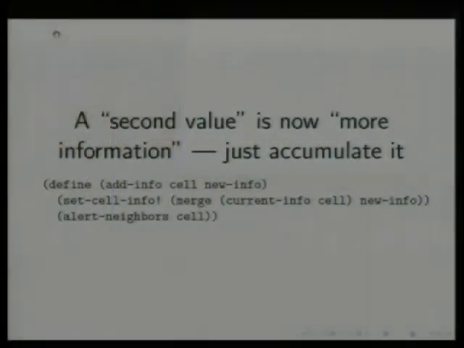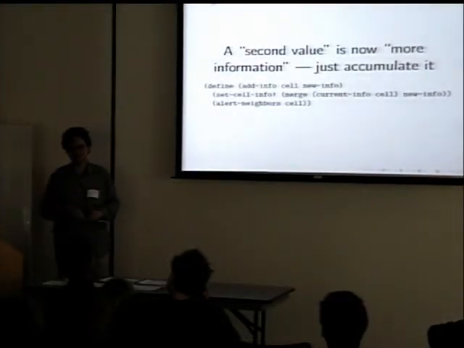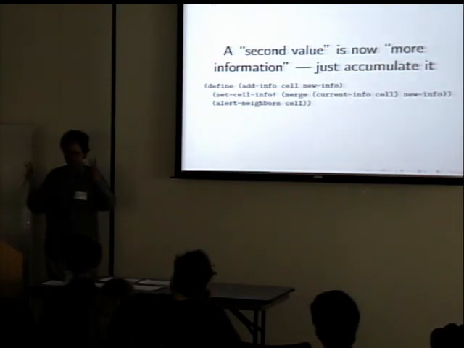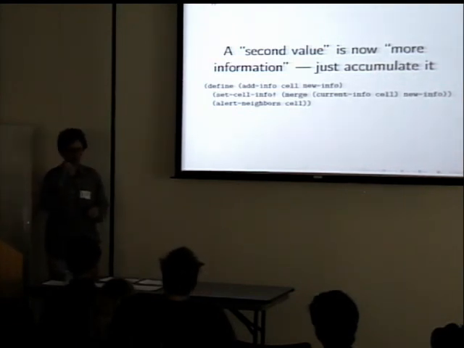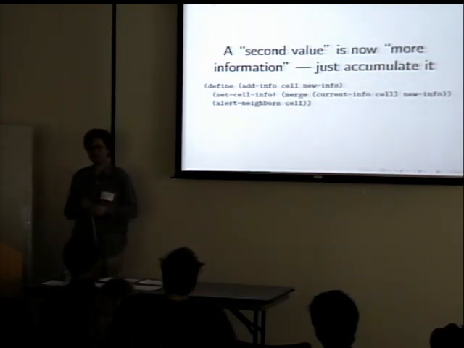Well, how does this address our problems? Now I introduce this function called merge, whose job it is to merge information you have. So a new value is just more information.